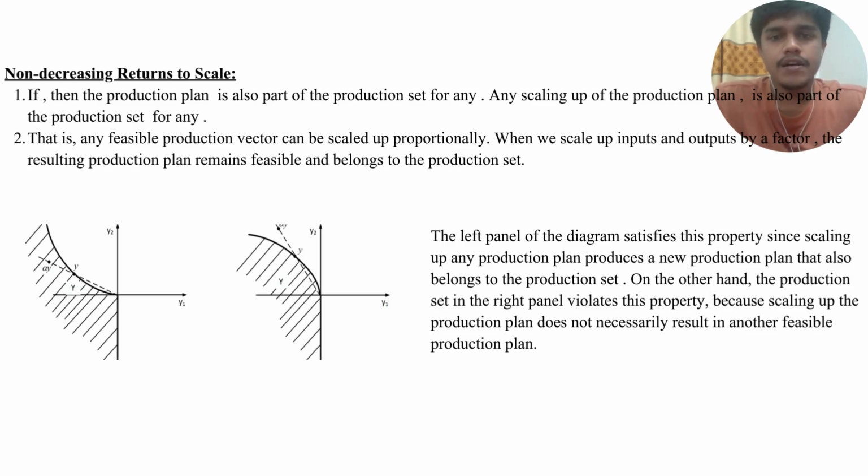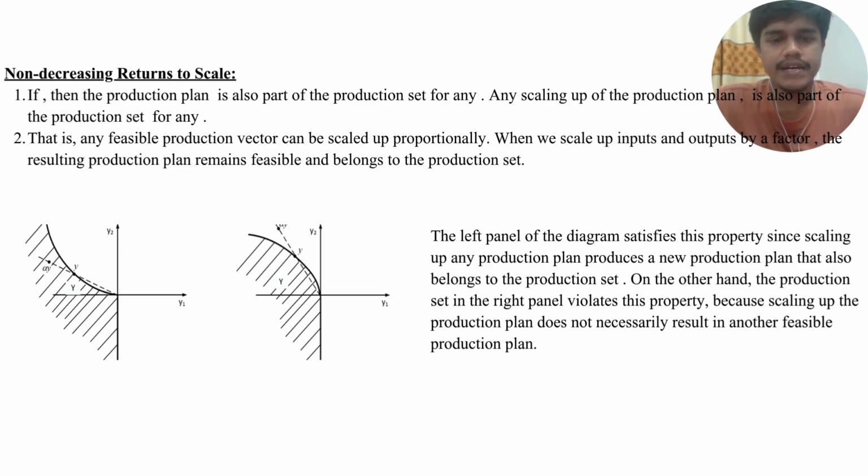After that, I have two diagrams, the left diagram and the right diagram. In the left diagram, the shaded region represents all feasible production plans.